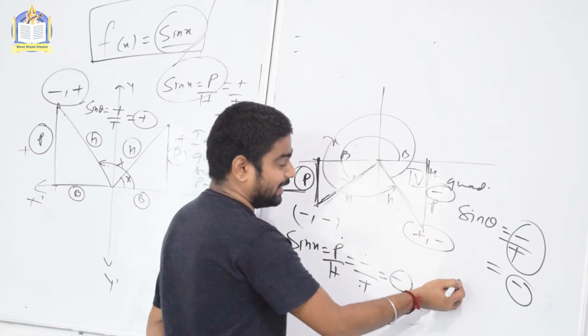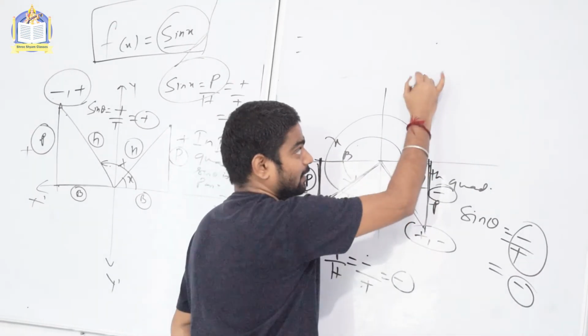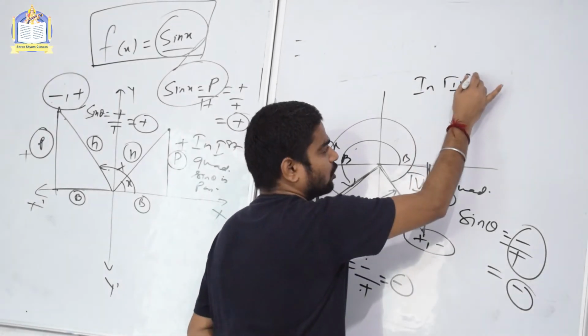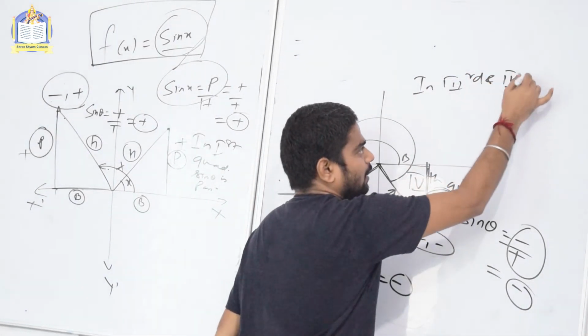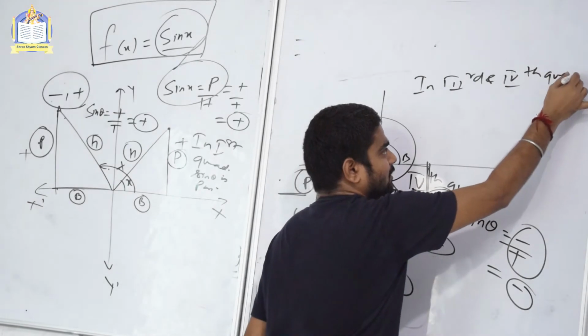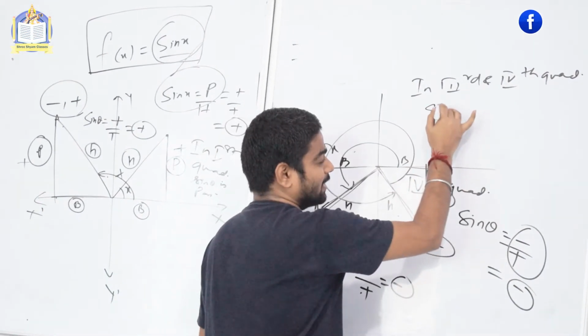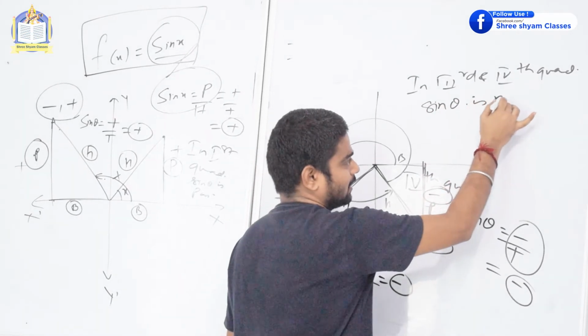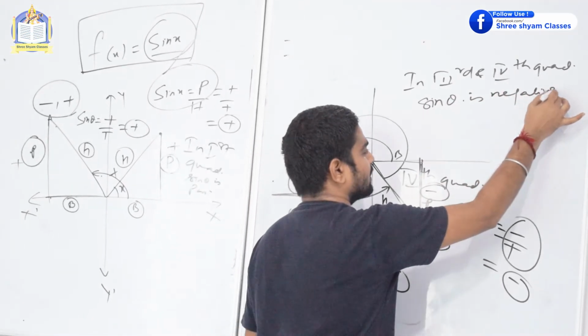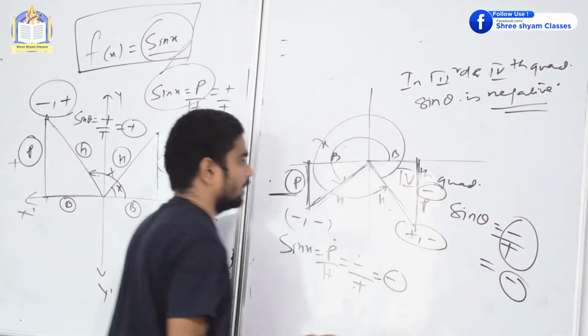So in the third and fourth quadrant sin theta is negative, but in the first and second quadrant sin theta is positive. Here we go.